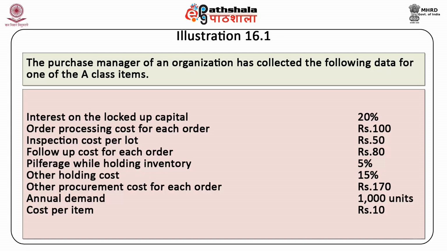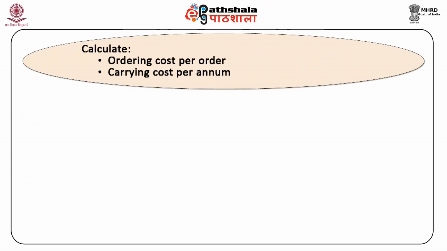Pilferage while holding inventory 5%. Other holding cost 15%. Other procurement cost for each order rupees 170. Annual demand 1000 units. Cost per item rupees 10. Calculate ordering cost per order, carrying cost per annum.